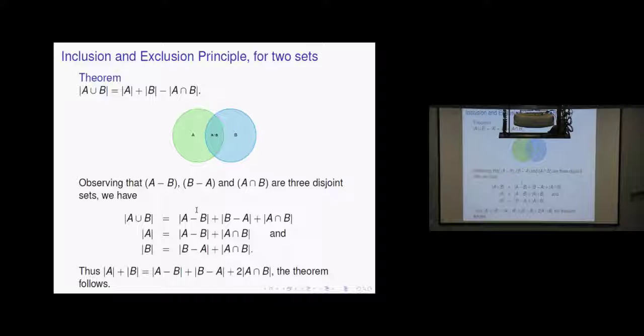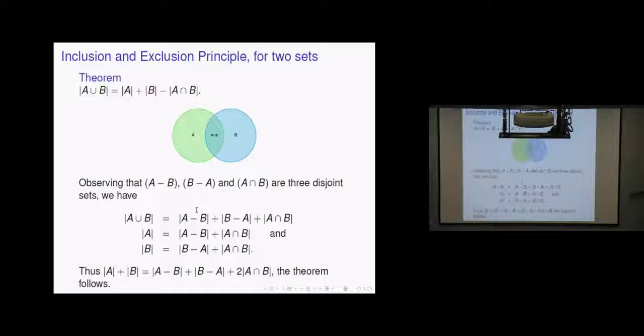You can also use formulas to say this. You can argue in this way. We split the union into three disjoint sets: the left part, the middle part, and the right part. For disjoint sets, we already know that you can just add up the different portions.